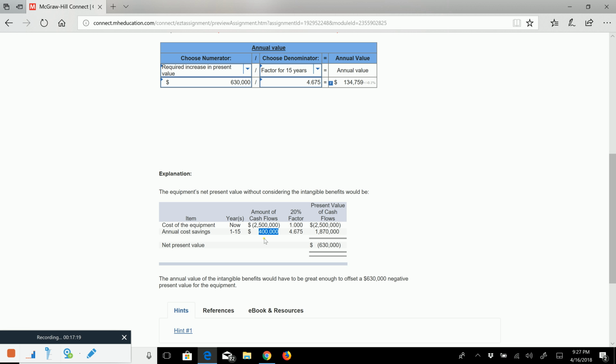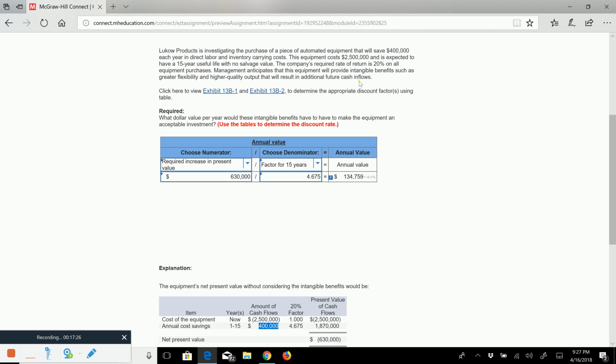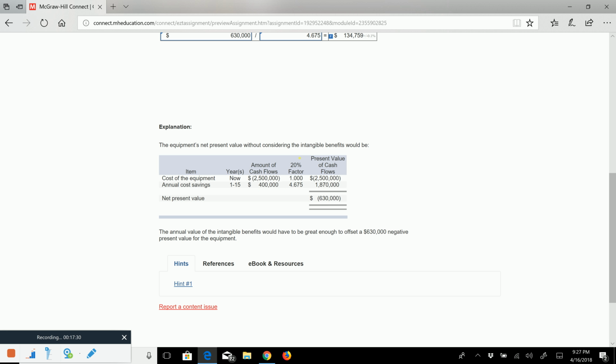And you're going to go to period 15, since we're dealing with 15 periods. And we said that our required rate of return, our discount rate, is 20%. So you go to the 20% column, the 15 row, and you're going to find this factor, 4.675. Multiply it by 400,000, you get 1,870,000.